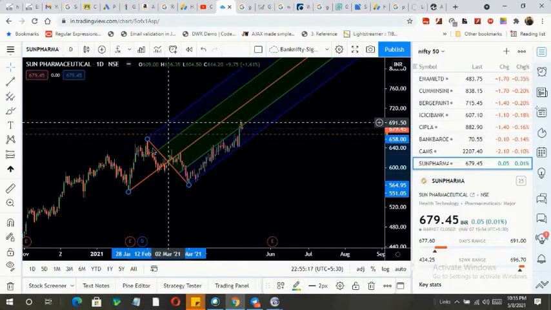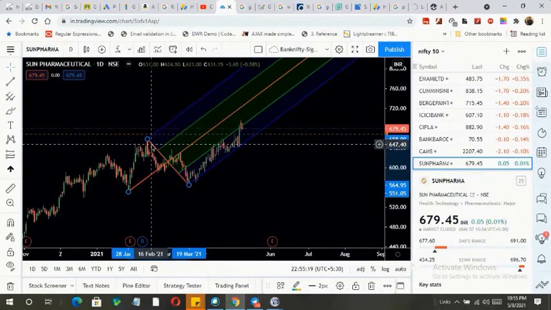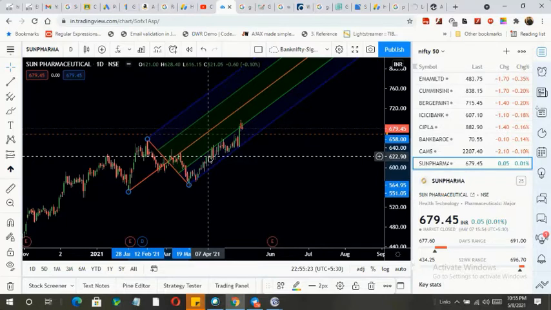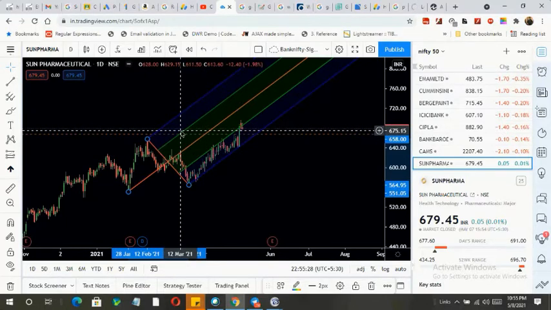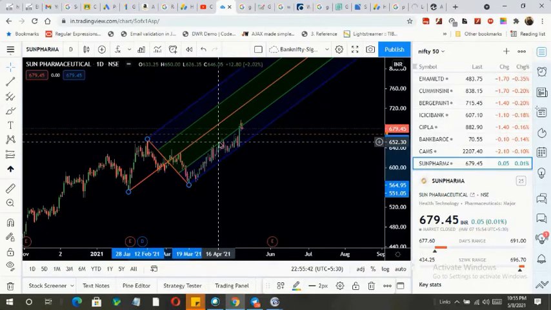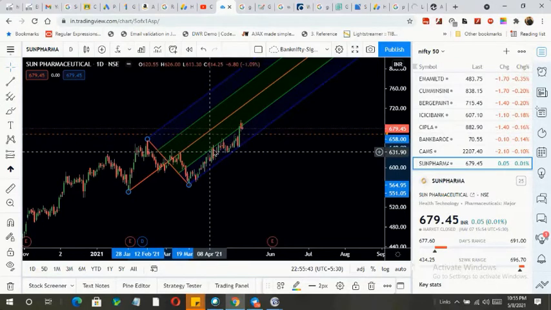So there are 3 main lines, and in between you will get another 2 lines, this is the upper middle line, and this is the lower middle line. Okay, so these are also the resistance and support lines.